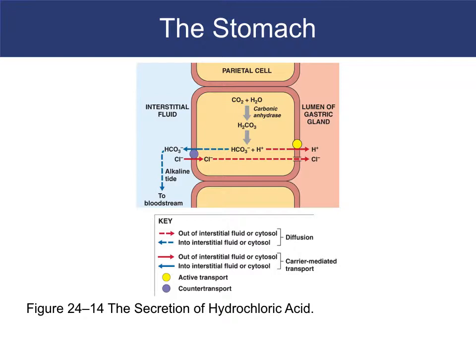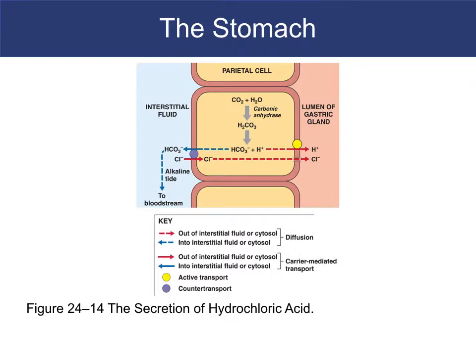This is the interstitial fluid, so this is on the inside, and this is the lumen of the stomach out here. This is where all the acid is. So sure enough, you can see here that we've got H and Cl being secreted out here. That's hydrochloric acid, HCl, being secreted out here into the lumen, which is going to make it very acidic.